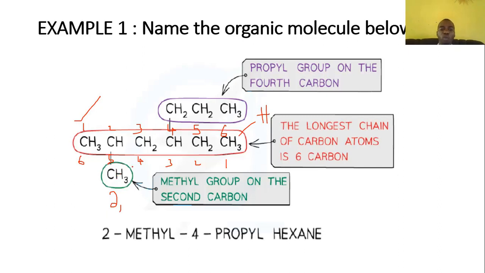It's telling us that on position 2, we have a methyl, and on position 4, we've got a propyl. Just like driving a vehicle, if you are a driver, you can take it forward, and you can also reverse. So from the name, you can draw the structure, and from the structure, you can come up with the name. All right.